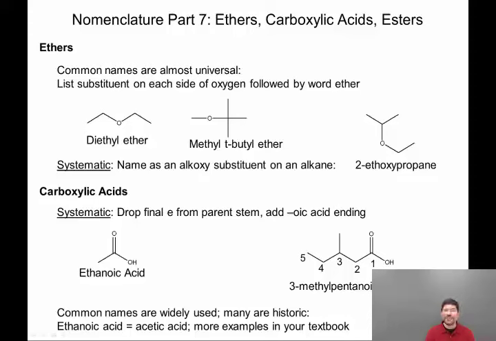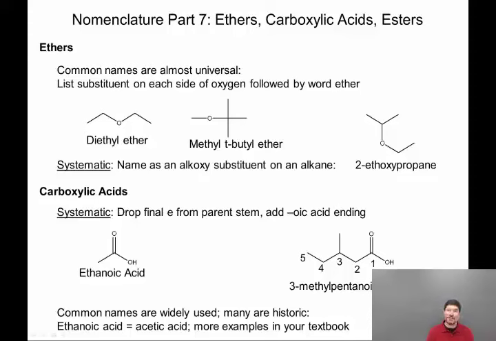Your textbook, I'm sure, has more examples of common names for carboxylic acids. Some of them are rather funny. So the 6-carbon carboxylic acid is called caproic acid because it was actually first isolated from goat sweat. A lot of carboxylic acids are really stinky, and they've been isolated from places in nature where you don't want to spend a whole lot of time smelling.